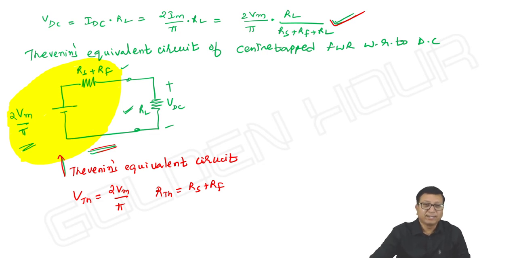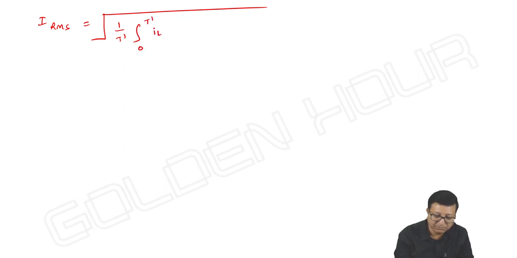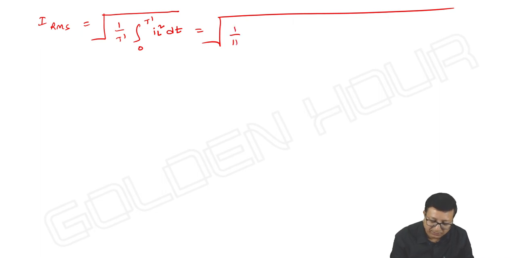Okay. So, IDC and VDC are done. Next, IRMS, the RMS value of the total current. It is the root of the mean of the square. It is further written like, over one cycle I am taking, not 2 cycles: 1 by pi integral 0 to pi Im square sine square theta d theta.